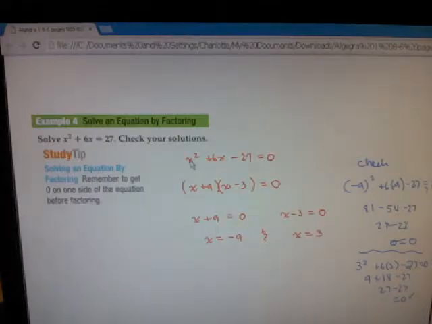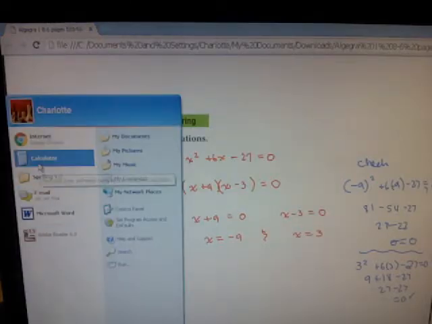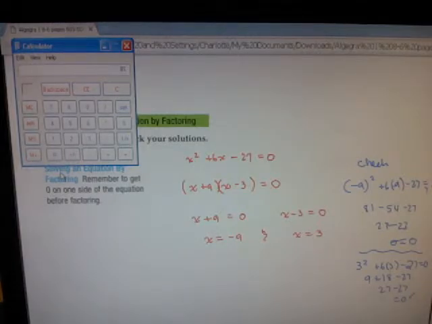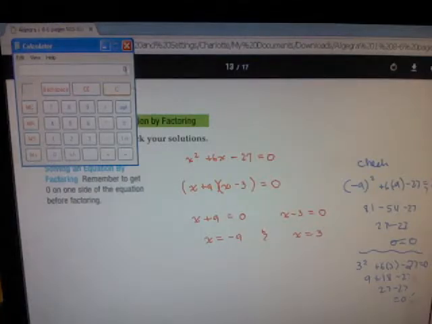So a negative 9 times a negative 9 would give me an 81. And then a negative 9 times a 6 would give me minus 54. And then I have to subtract 27, and notice it's equal to 0.